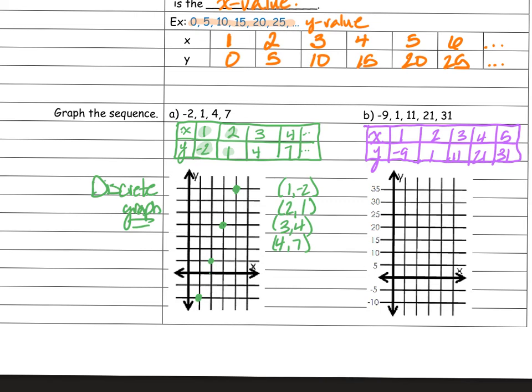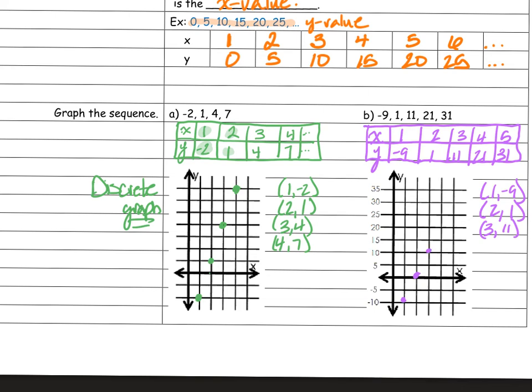Great. So my first point is going to be 1, -9. It's just above -10, so somewhere in there. And my second point is going to be 2, 1. So over 2, up just above the line here. There we go. And then my next one is 3, 11. So just above 10.